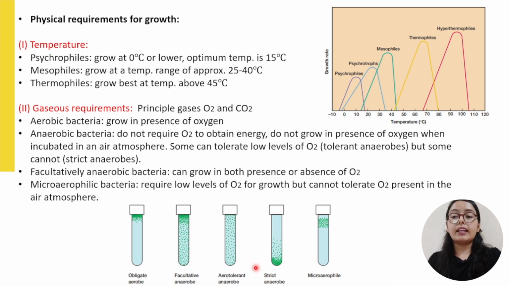That's why they are present at the bottom of the nutritional medium where there is no oxygen at all. And next is microaerophiles. As we said, they require a very little amount of oxygen and not all of it. So that's why they are present somewhat at the middle of the test tube, where there is a little amount of oxygen present.